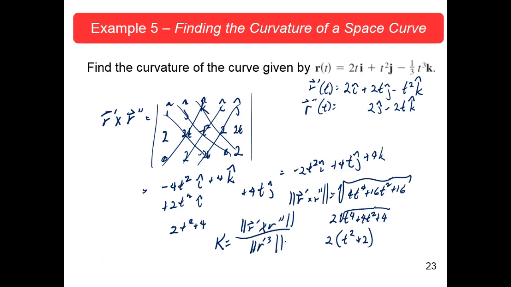Now, no, wait, I put the cube in the wrong place. The magnitude of r prime, cubed. The other one doesn't make any sense. So what's the magnitude of r prime?